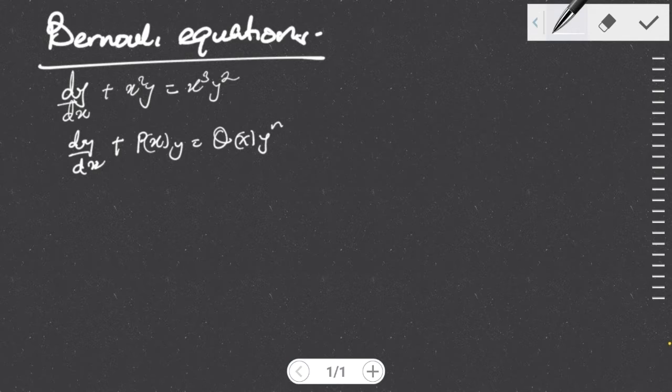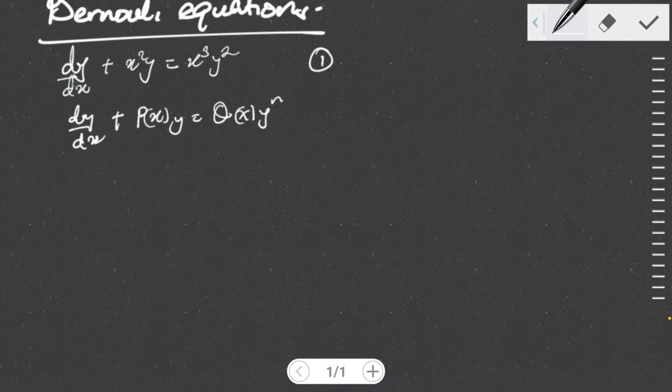Then to work out such an equation, there are two methods that I'm going to give you. Let me use the first method.